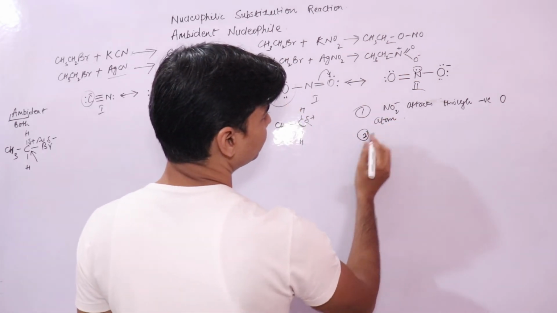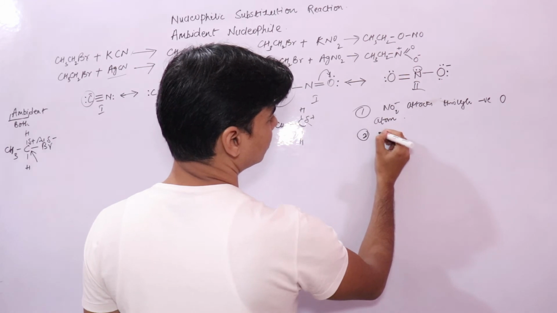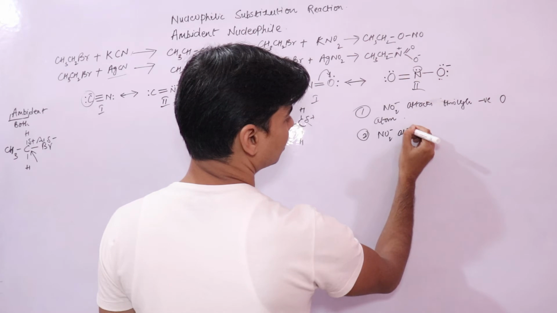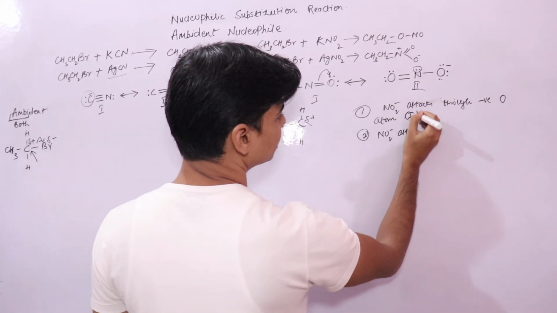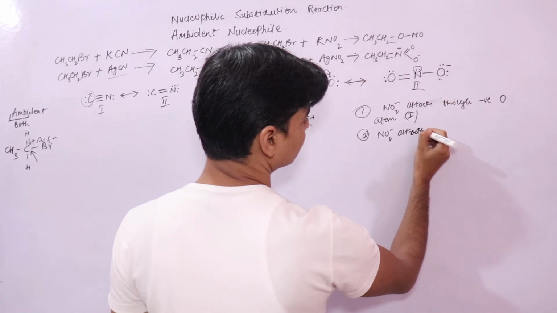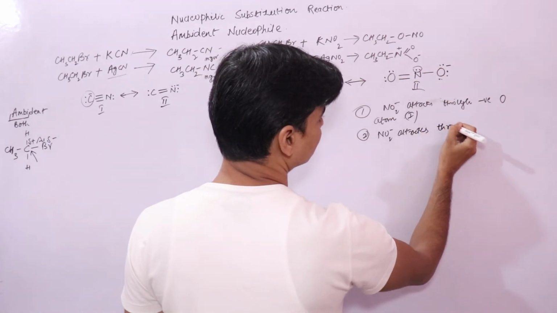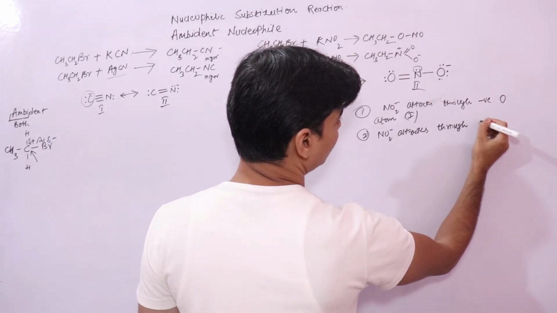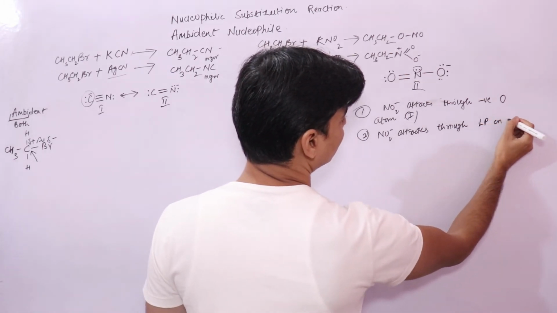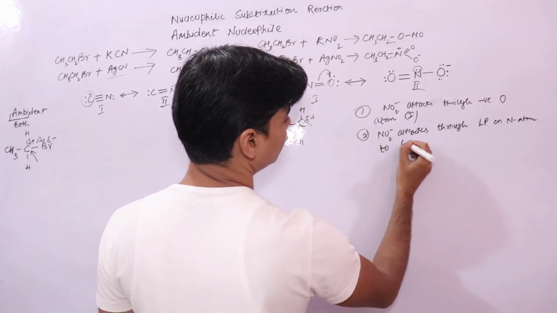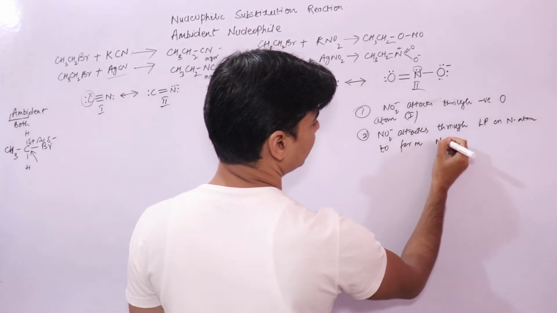Second is NO2 minus, that means it is attacking through the first form. Nitrite attacks through the lone pair on the nitrogen atom, right, to form nitroalkane.